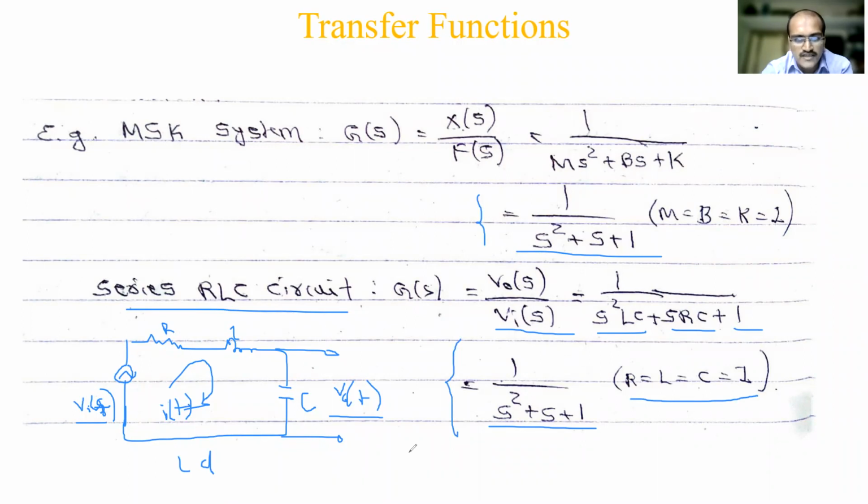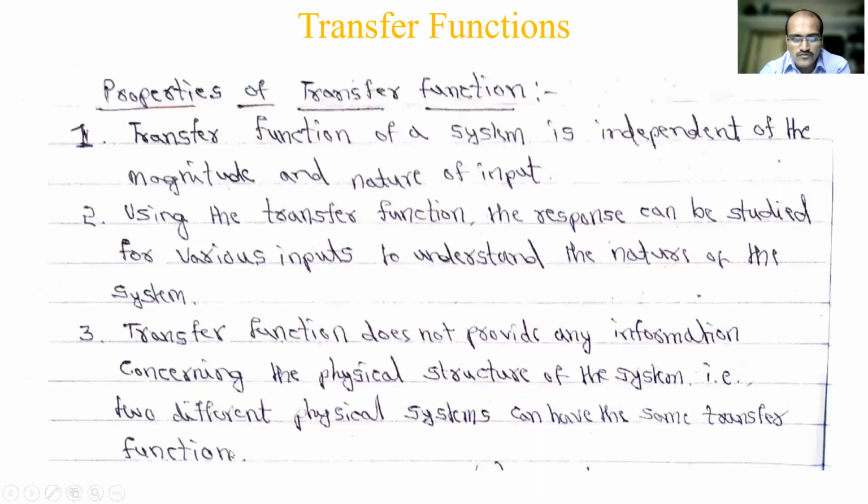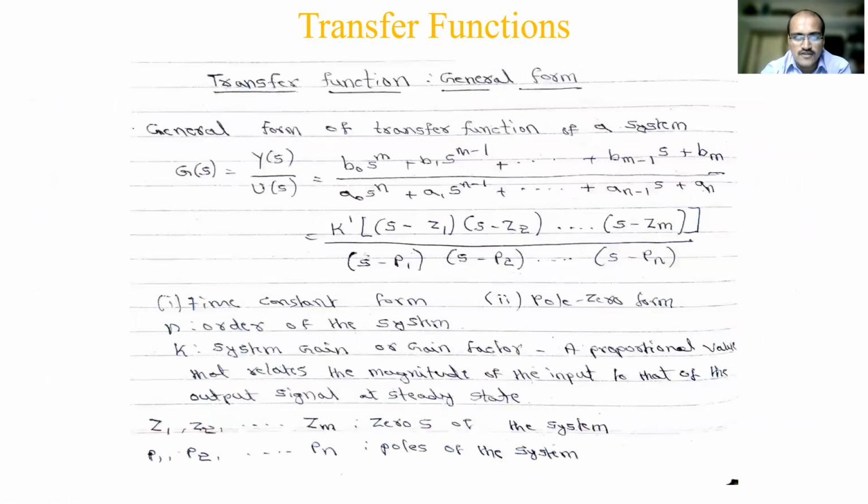But in general, if they give this term, you could not identify whether it is a mechanical system or an electrical system, or if I take the same thing in hydraulic elements and derive the transfer function, you will not identify it. So that is the important property of the transfer function: two different physical systems can have the same transfer function. This is the property you need to explain.